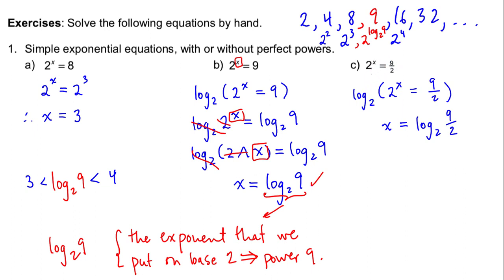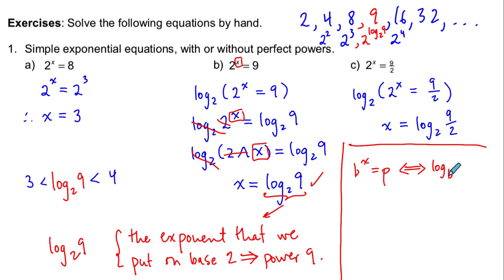Now there's another approach to this, and that approach is simply by recognizing base to the exponent of x equals the power p is equivalent to log base b of p equals x. So if I wanted to isolate x, the exponent, I would simply need to convert exponential form into log form. So I'm going to rewrite my exponential equation here.